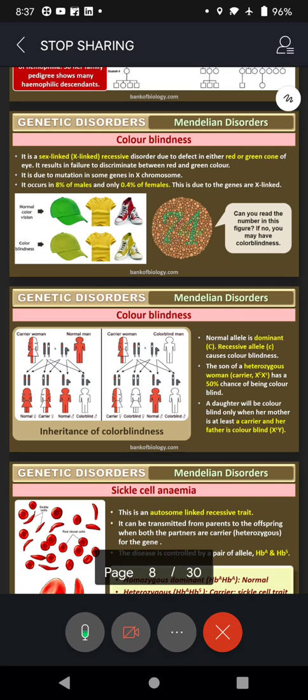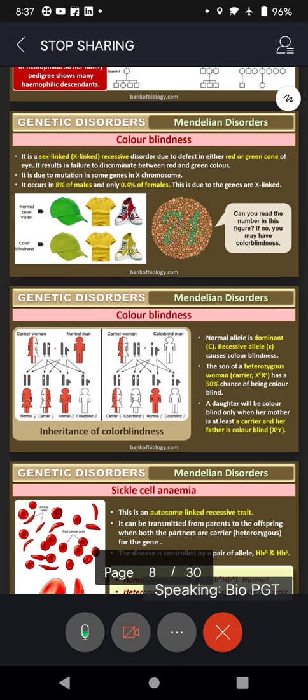Unfortunately, some people cannot distinguish them. So what happens because of that? There can be accidents. Even though the red signal is displayed, since the person is unable to detect the red color, he moves on, even in heavy traffic.